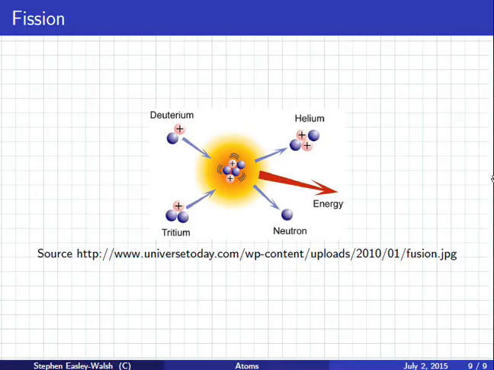You have deuterium, which is a proton and a neutron, so that's hydrogen. And you have tritium, which is 1 proton and 2 neutrons, so that's also hydrogen. And these 2 hydrogen atoms come together, and then they form helium and a neutron.